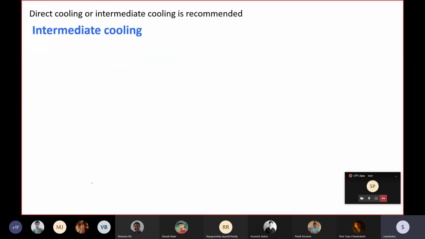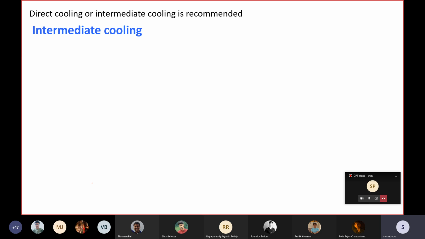So two types of cooling are recommended: direct cooling or intermediate cooling.